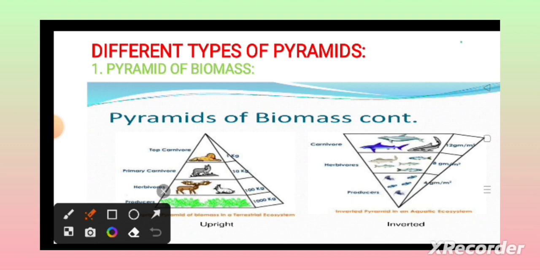After that, small fishes occupy the secondary or herbivorous level. After that, large whales or other big organisms occupy the carnivorous or top carnivore level, which are very high in weight. So the trophic structure is inverted in shape in the case of the aquatic ecosystem.